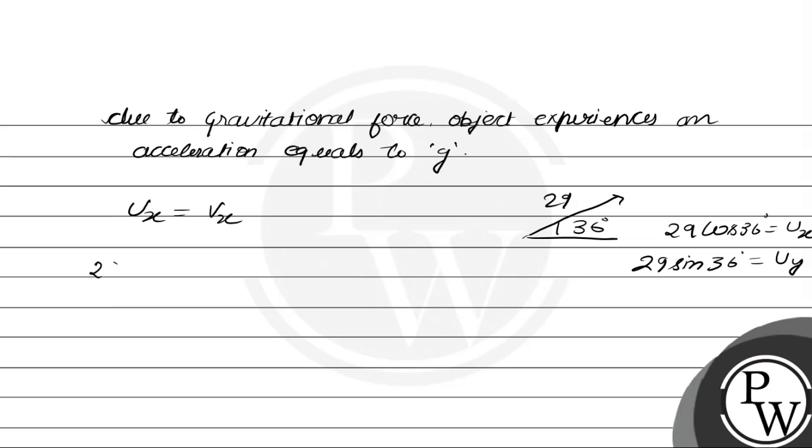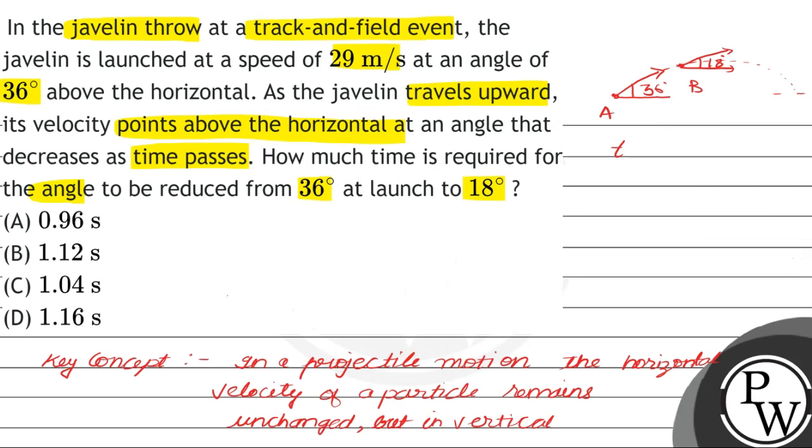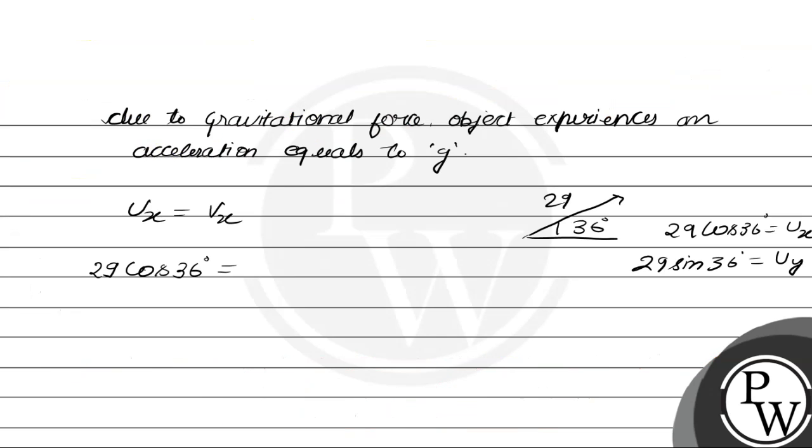Ux, we can write 29 cos 36 degree equals to final velocity as v cos 18 degree. So v will be 29 into cos 36 degree upon cos 18 degree. This is 29 into 0.80 upon 0.95.